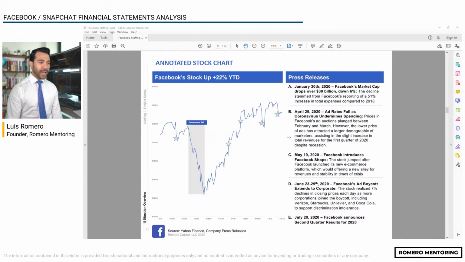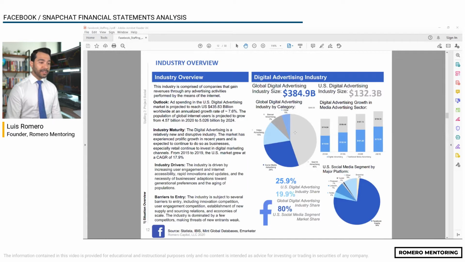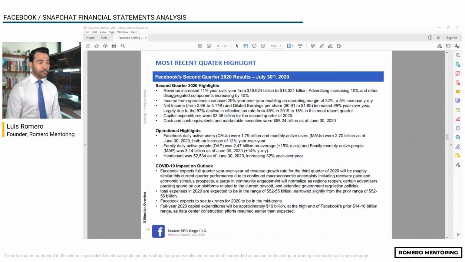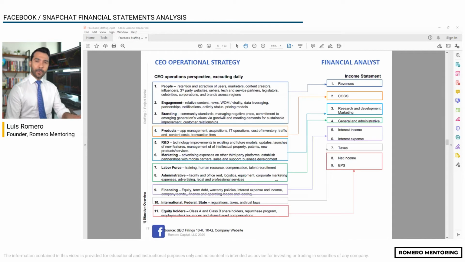Financial performance slide, the industry, how big it is, and what is Facebook's market share within the industry. Competition, you can see down here Snapchat, which is a company that we're going to compare Facebook to. And again, this is meant to give you a deeper understanding of the process and the amount of homework and research that you need to do on your own to better understand the business.